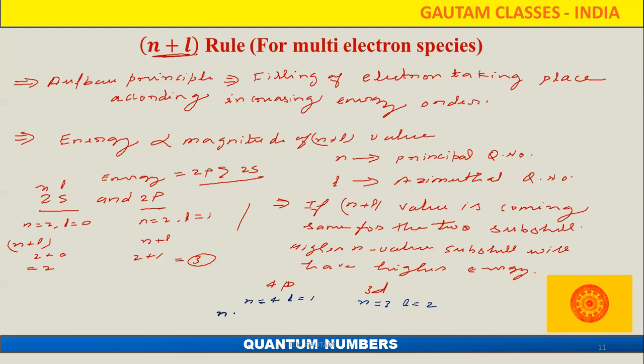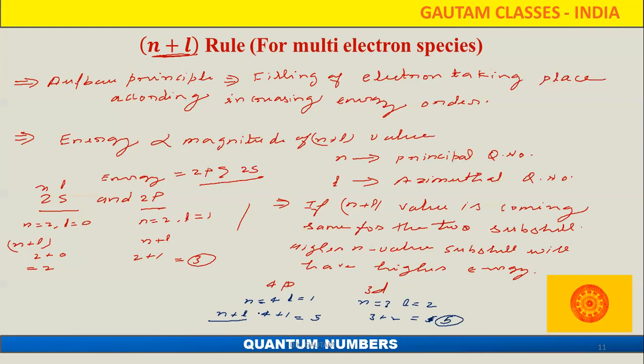We can find out the n plus L value in this case. 4 plus 1 is 5, and 3 plus 2 is what? 5.